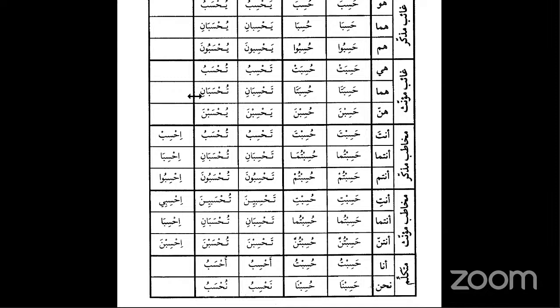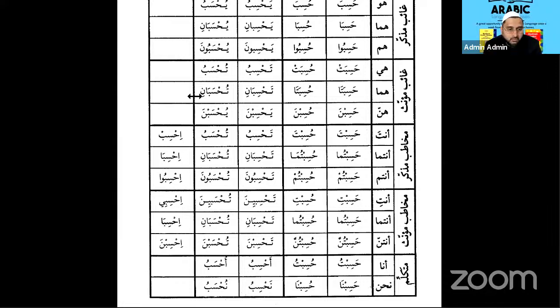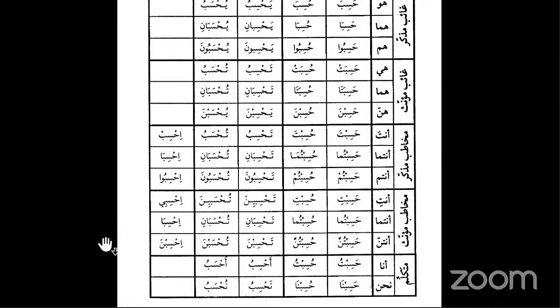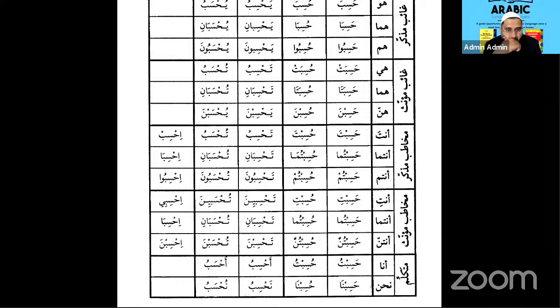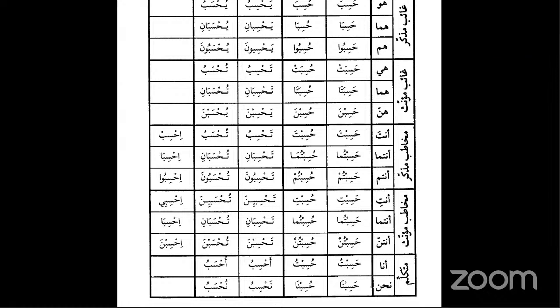Tahsibina, you one female are counting. It becomes ihsibi, you count. Tahsibani, same. We remove the noon and the ta. Ihsiba, for you both female are counting, and ihsiba, you both count.